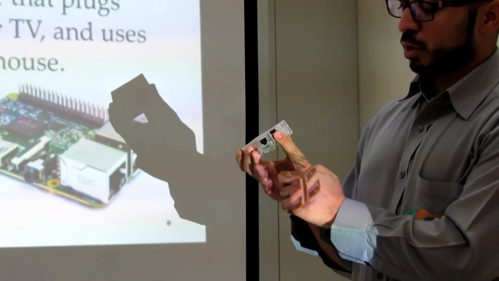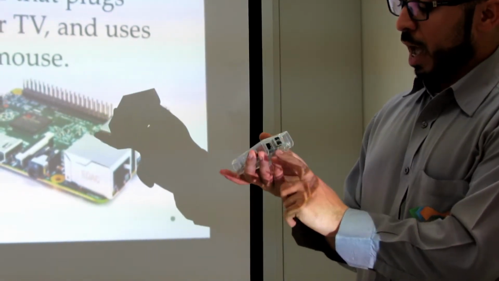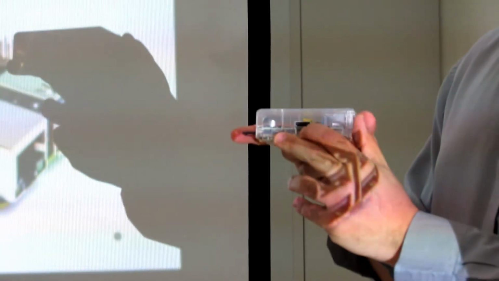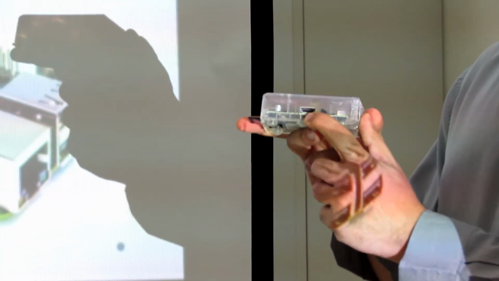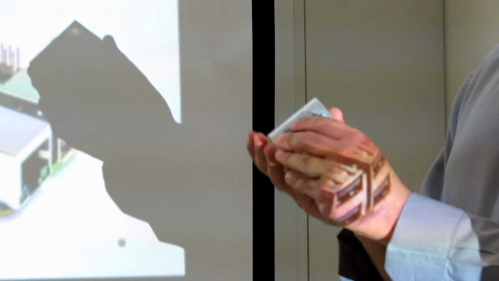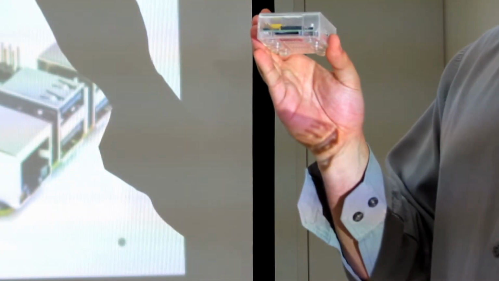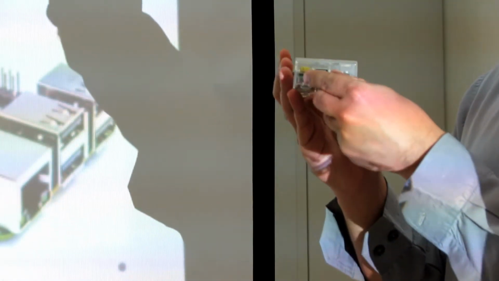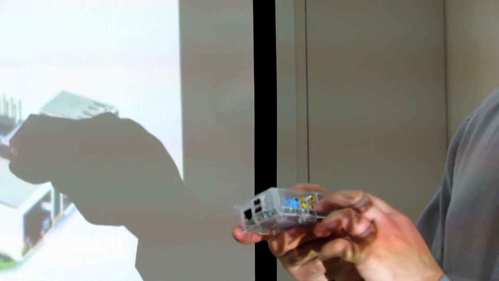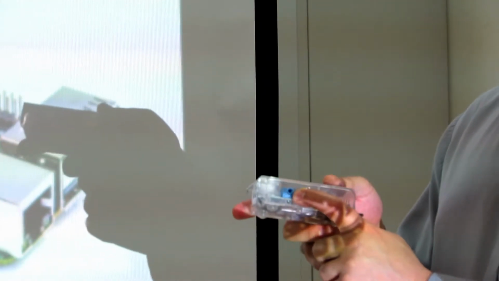We have two USB 2 ports, and Ethernet for connecting to the internet. We have an HDMI port for connecting monitors, the SD card slot where we install the operating system, and an audio port.